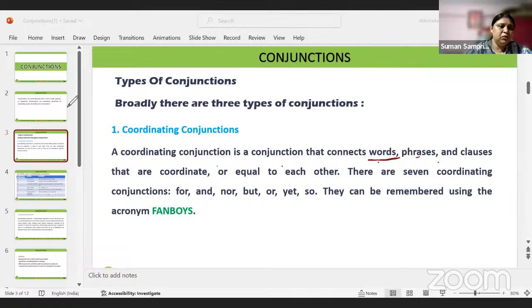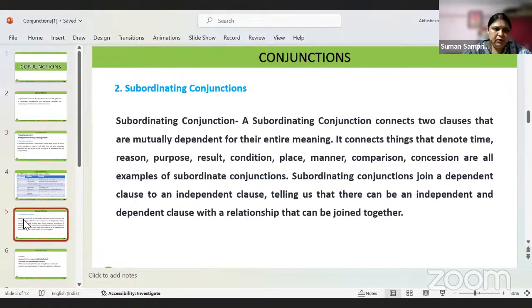But when it comes to the subordinating conjunction, it doesn't only join words. It will join two clauses. Okay. It will not join words. So coordinating conjunction can join words, clauses, phrases, but the subordinating conjunction will always join two clauses.